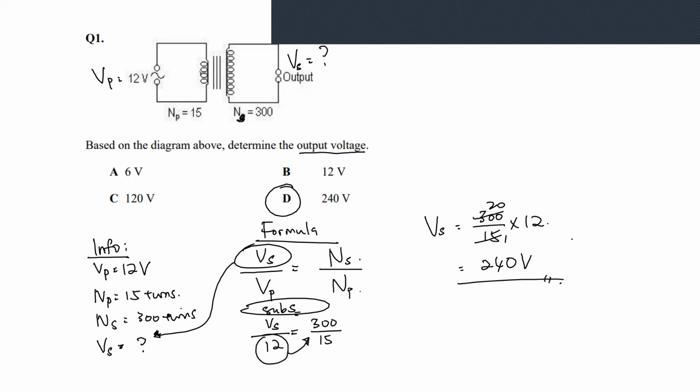Alright, so after these 3 questions, I believe that you can solve the rest already. You must recognize the info first: VP, NP, NS, VS. The formula, on top of the left-hand side, always put the unknown, then substitute the rest. Cross multiply, press the calculator.